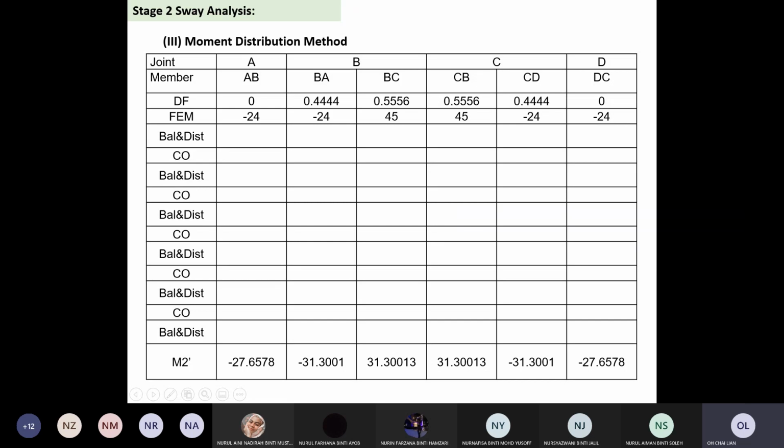At this stage, we name these moments M2 prime. We couldn't have much time on determining the R prime, so I would like you to continue with doing this later.